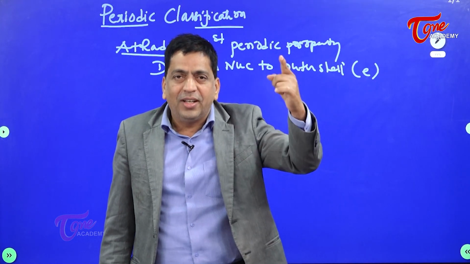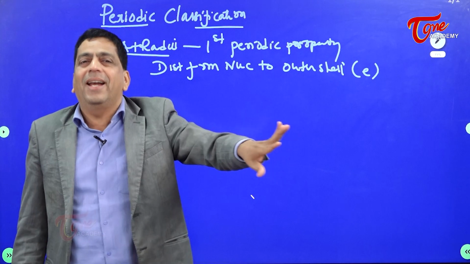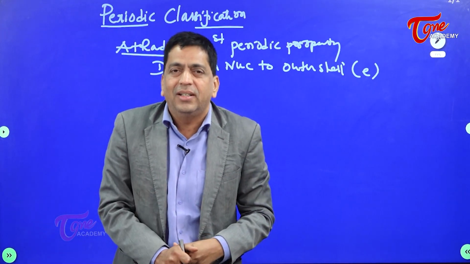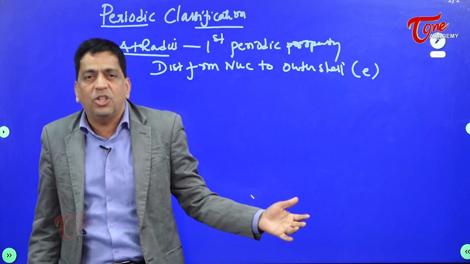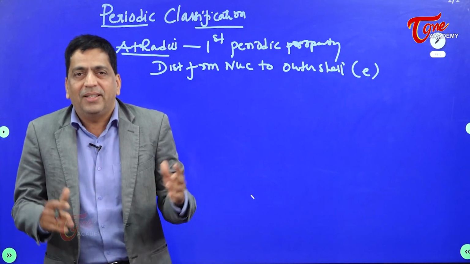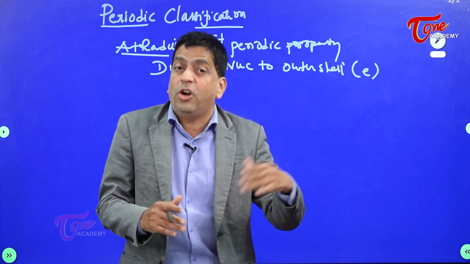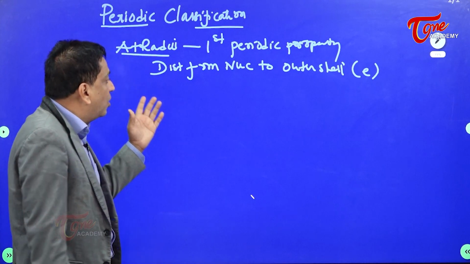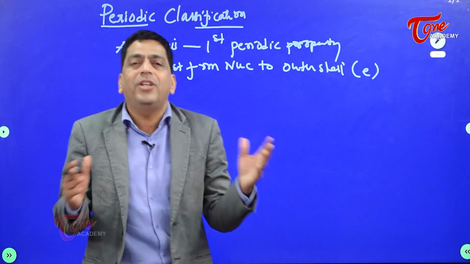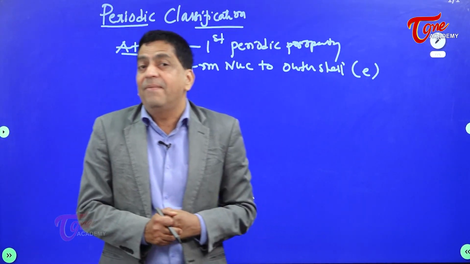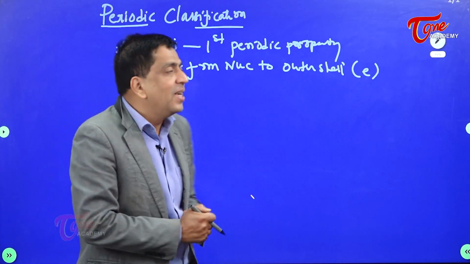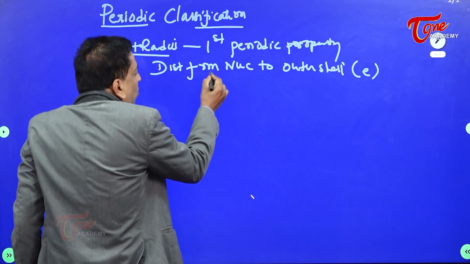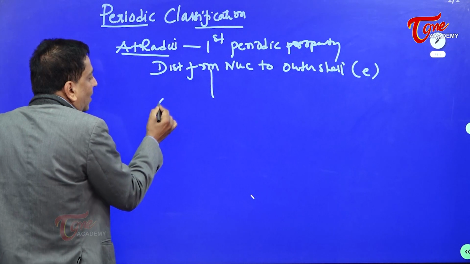That notion, please remove it from your mind when you are in the higher classes. It's fine when you are in 7th class to understand what a shell is, right? But now you understand: no electron, no shell. So when someone says distance from the nucleus to the outer shell, I'm speaking of electron. Well, if this is the case, this definition is absolutely ideal.